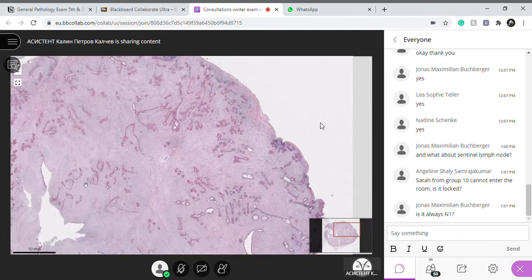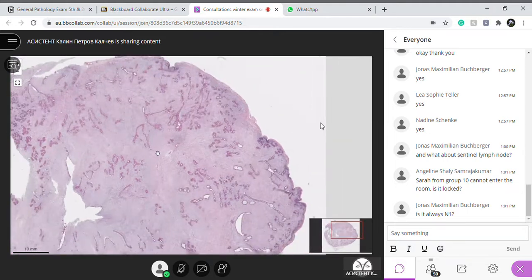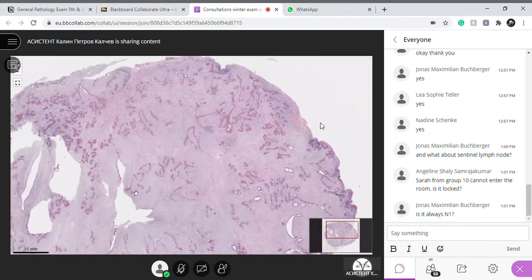And so we have two features here: it's a glandular tumor, but with a strong reaction of the stroma. This is a fibrous stroma. We define this as a fibroadenoma. And here we have the fibroadenoma of the breast.